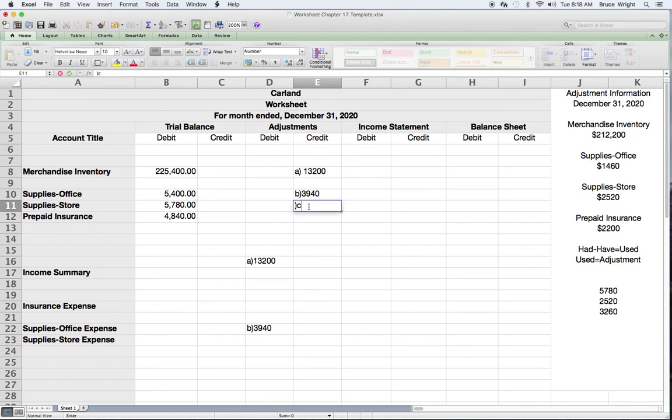Again, have to put our little letter in. We adjust it with a credit showing a decrease, and the account that goes with it is supplies store expense. Okay, that is our third adjustment.